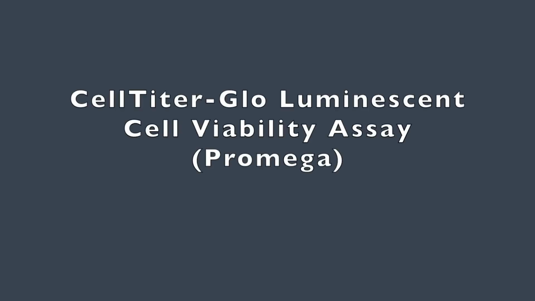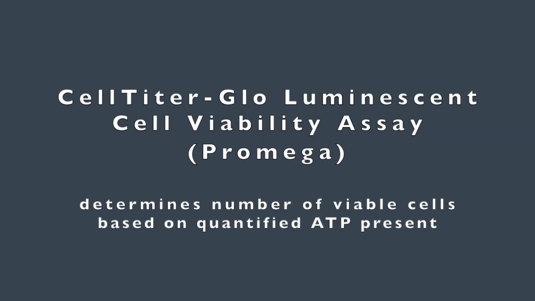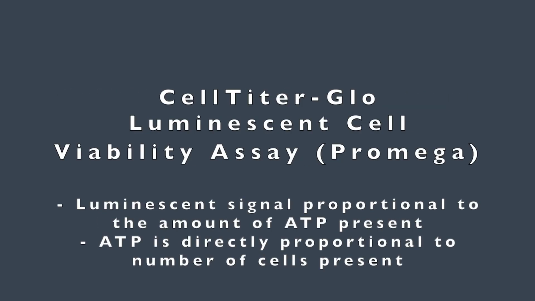We are using the Cell Titer Glow Luminescent Cell Viability Assay from Promega. It is a homogeneous method to determine the number of viable cells in culture based on quantitation of the ATP present, which signals the presence of metabolically active cells. The homogeneous assay procedure involves adding a single reagent, the Cell Titer Glow reagent, directly to the cells.